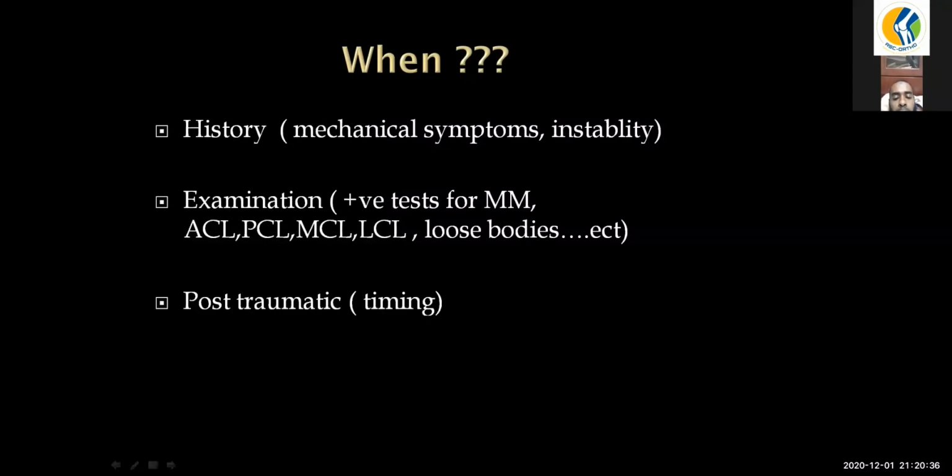The second thing is instability. If the patient gives you a clear history of 'I cannot trust my knee', or 'my knee sometimes gives way', then you can put at the back of your mind that this is most probably a case where I want to ask for an MRI.